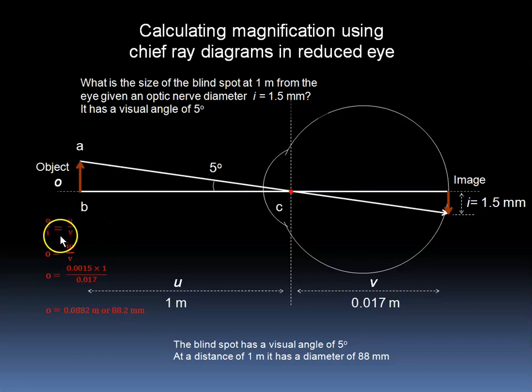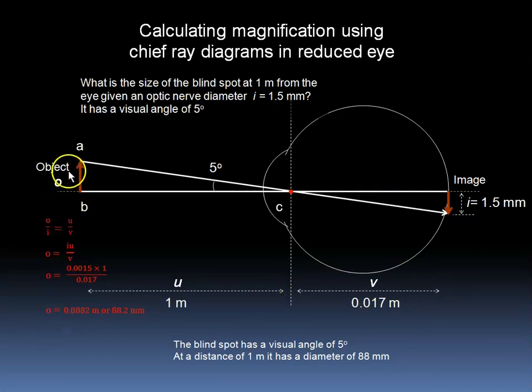We know that O over I equals U over V, so O equals IU over V, which is equal to 0.0015 meter times the distance 1, because we are given a distance of 1 meter away for the object, which will be the blind spot, divided by the distance V, which is given here at 0.017 meter.